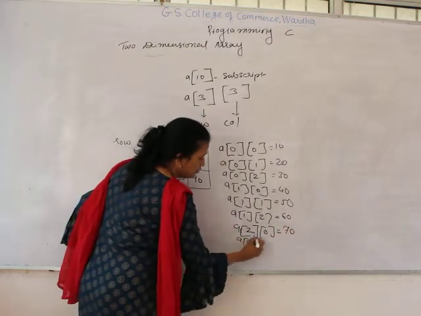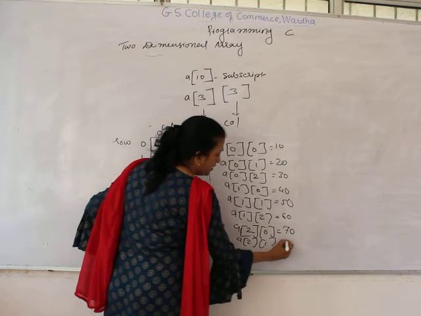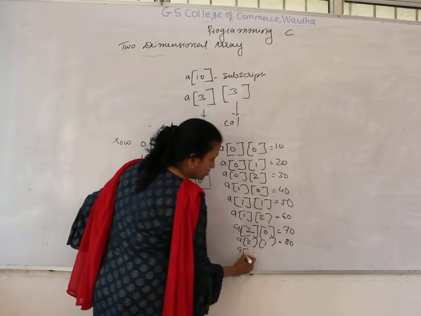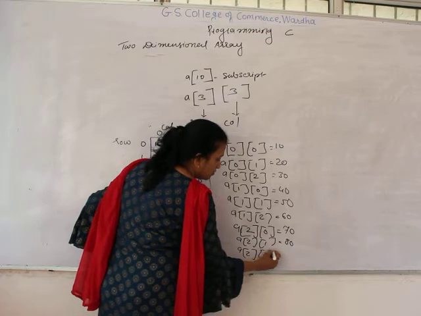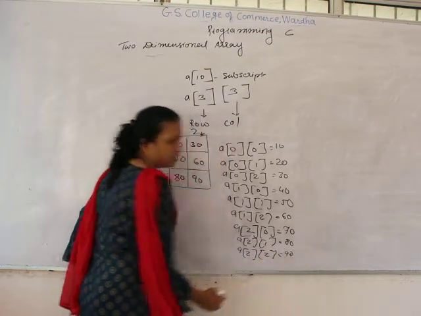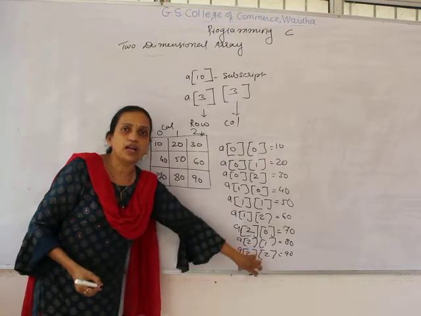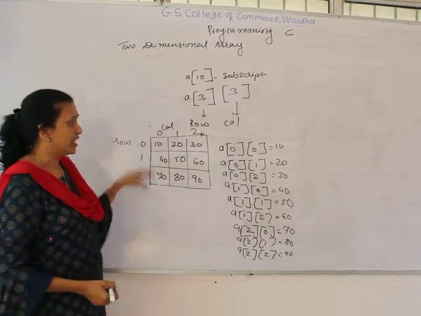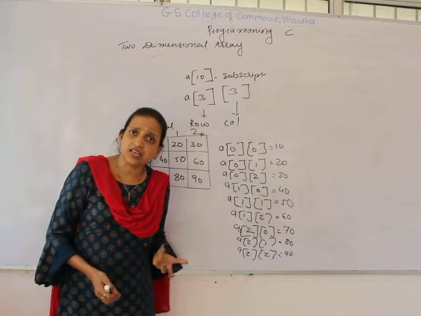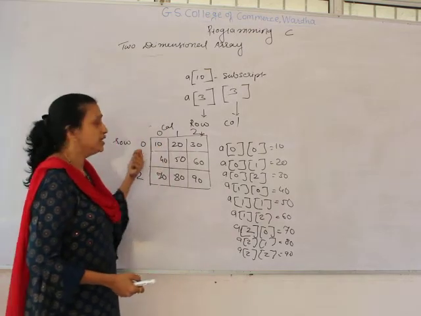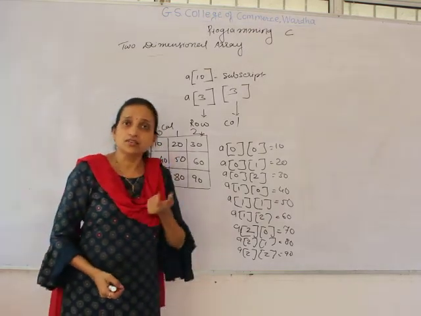Then 2, 1 is 80. Then 2, 2 is equal to 90. In this way, you can store the value into the matrix, and every value is referred to by an index number, and the index number always starts with 0.